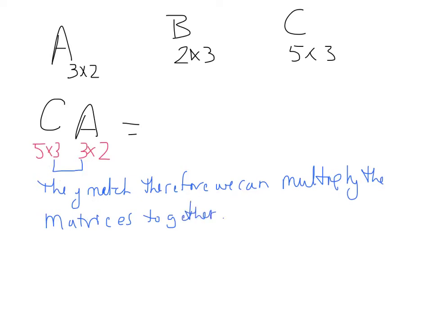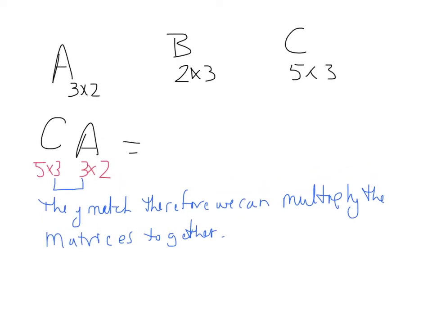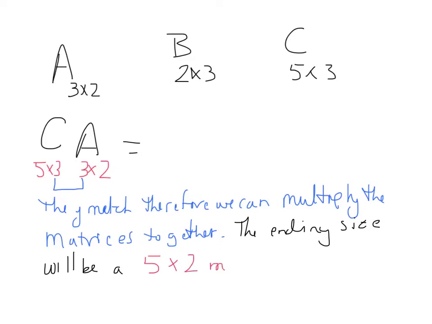Alright, so we've decided that we can multiply it. The one thing that I will mention is that the ending size of this matrix, or dimensions, will be a 5 by 2 matrix.